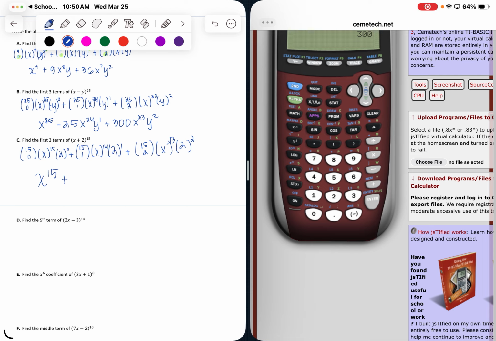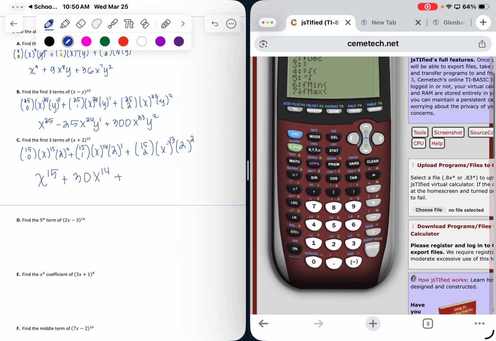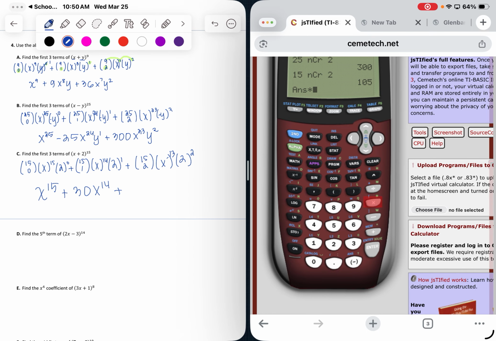15 times 2, which is 30, x to the 14th. And 15 choose 2 is, option number 3, 2, is 105, and then 105 times 4, because 2 squared, is 420, and it's a minus 2.